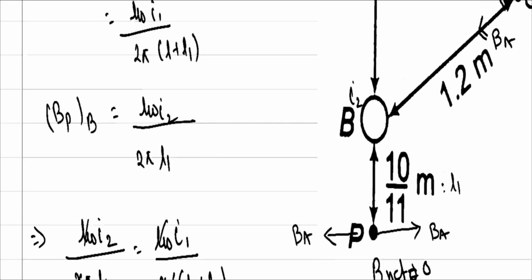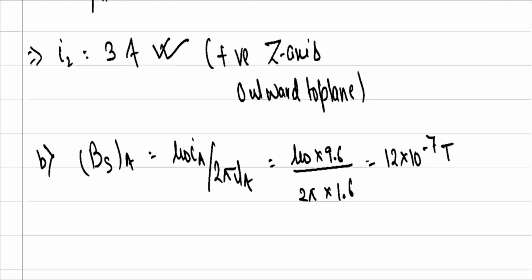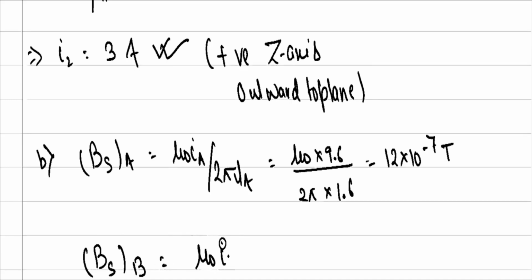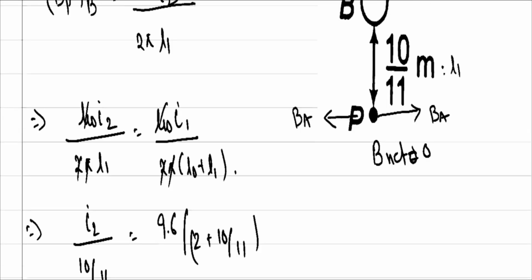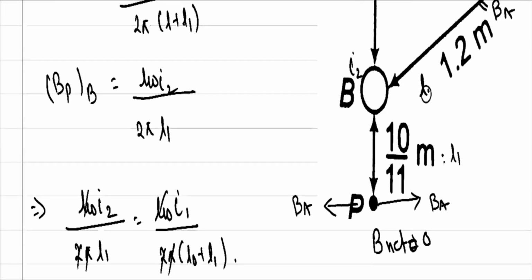Right? Now the magnetic field at S due to B is mu naught IB divided by 2 pi LB. Let LB be 1.2 meter.